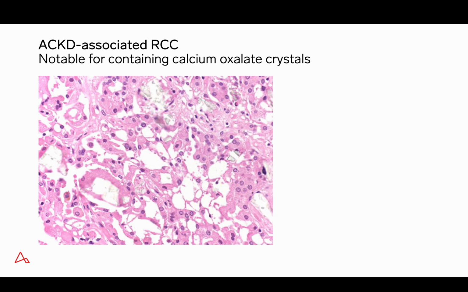Conversely, here's a single image of acquired cystic kidney disease associated renal cell carcinoma. And this neoplasm is notable for the presence of numerous calcium oxalate crystals, which we can see here throughout the neoplasm. This crystal formation is unique to this neoplasm.